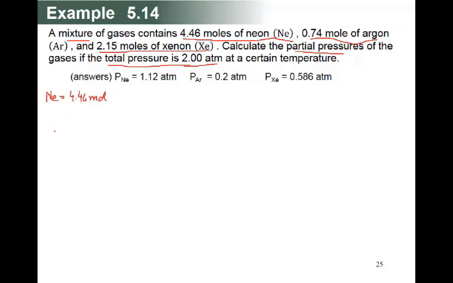Number two gas is argon, equal to 0.74 mole, and the third gas is xenon, equal to 2.15.